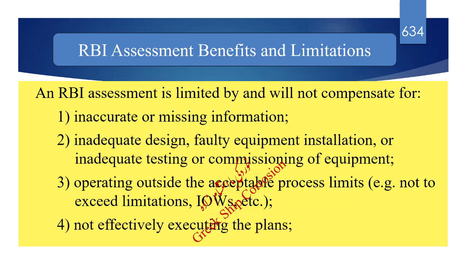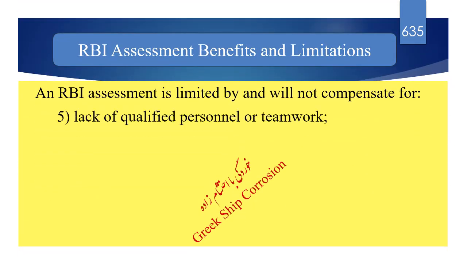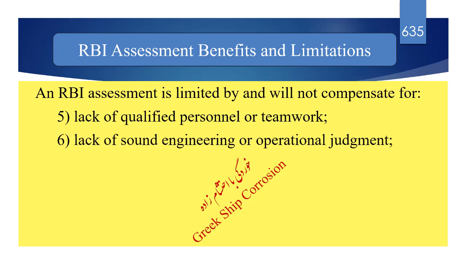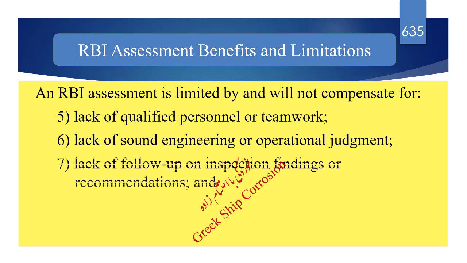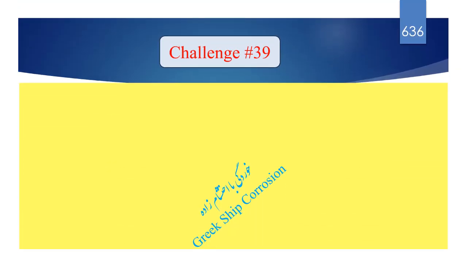Not effectively executing the plans. 5. Lack of qualified personnel or teamwork. 6. Lack of sound engineering or operational judgment. 7. Lack of follow-up on inspection findings or recommendations. And 8. Construction and fabrication errors.